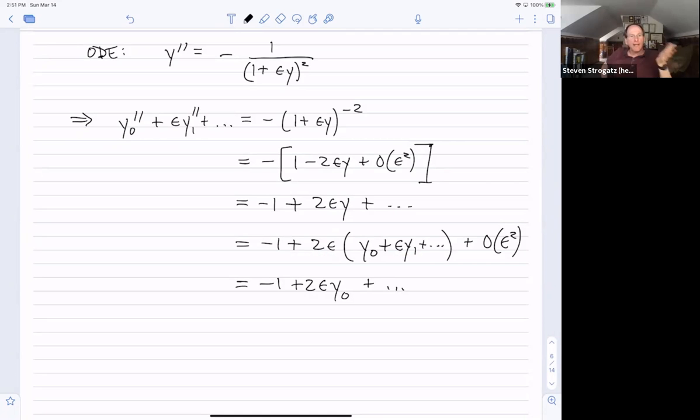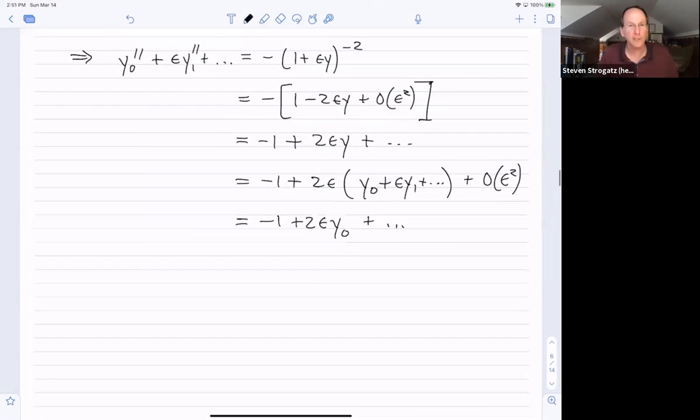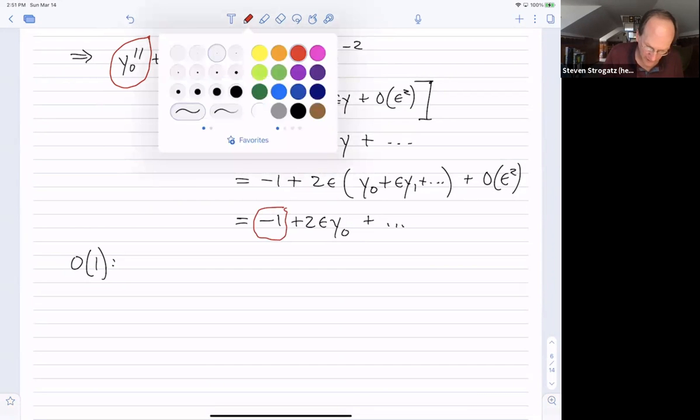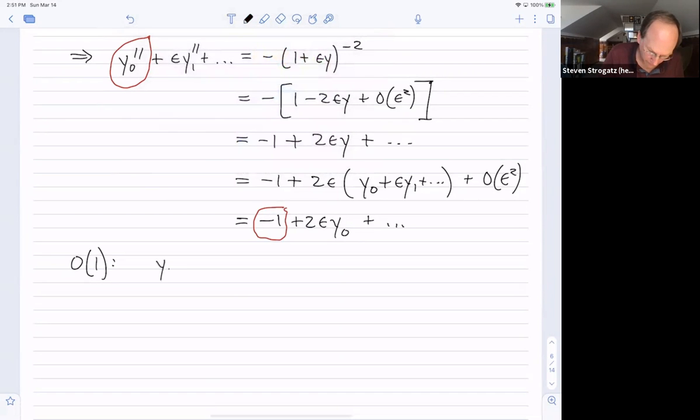Okay, so again, what we do at this stage is say this is supposed to be true for all epsilon. So equating the like powers of epsilon now gives us a collection of differential equations. The order 1 equation we get by reading off this term, order 1 meaning it has no epsilon in it, and this one doesn't either. So the order 1 ODE is y0 double prime is minus 1.